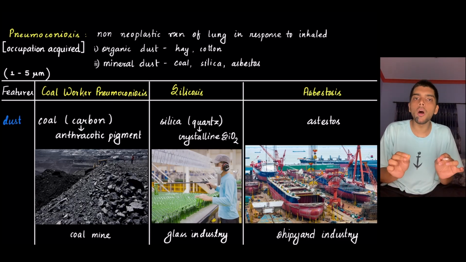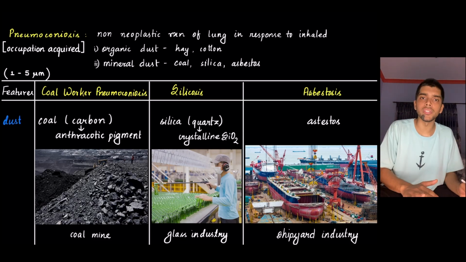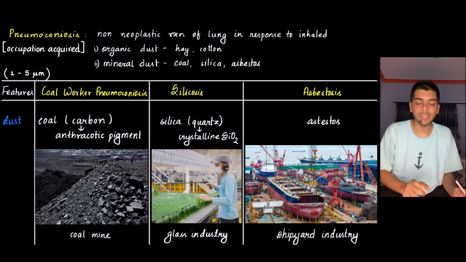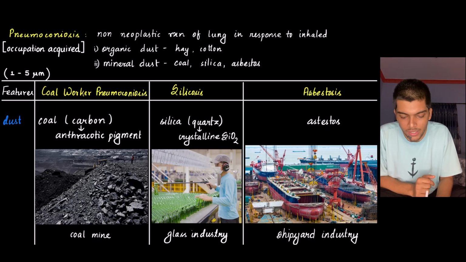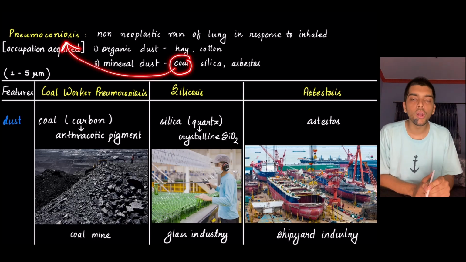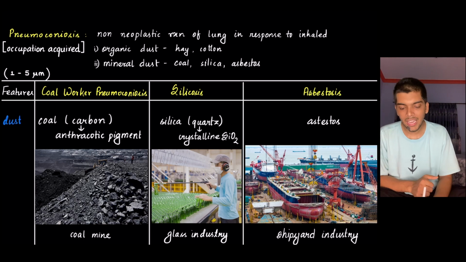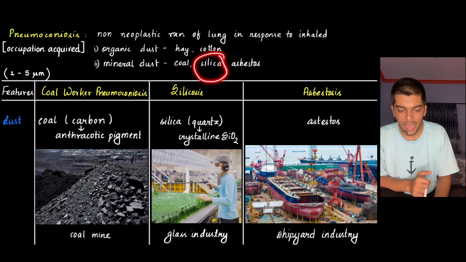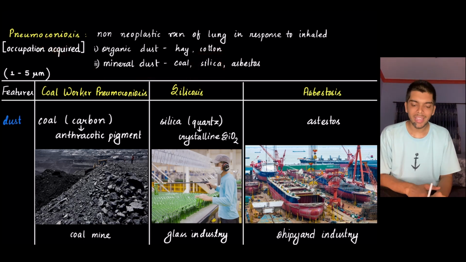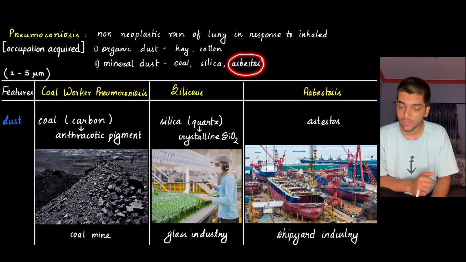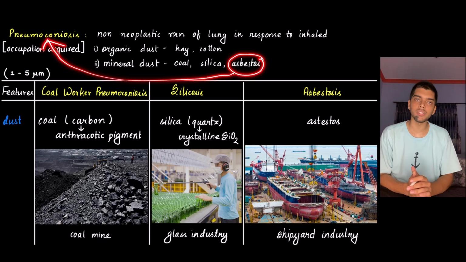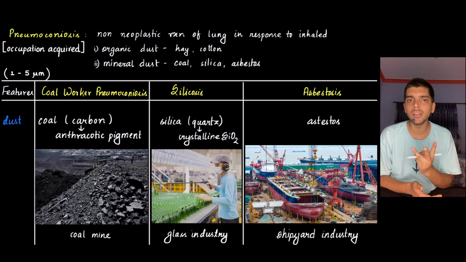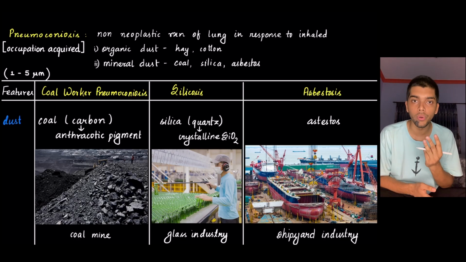Depending on the type of mineral dust which causes pneumoconiosis, there are various types. That is, if pneumoconiosis is caused by coal, we call it coal worker pneumoconiosis. If caused by silica, we call it silicosis. If caused by asbestos, we call it asbestosis. So these are the three major pneumoconiosis caused by mineral dusts that you need to know in detail.